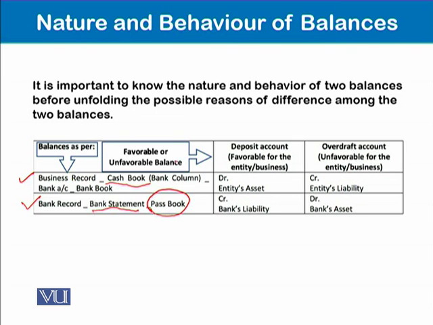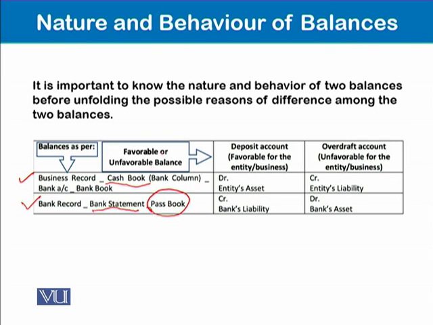Number two, the balances as per cash book or as per bank statement can be favorable to the entity or can be unfavorable to the entity. And you are the entity, you are in fact representative of the business entity. I repeat, you will suppose yourself as an accountant of the business entity.